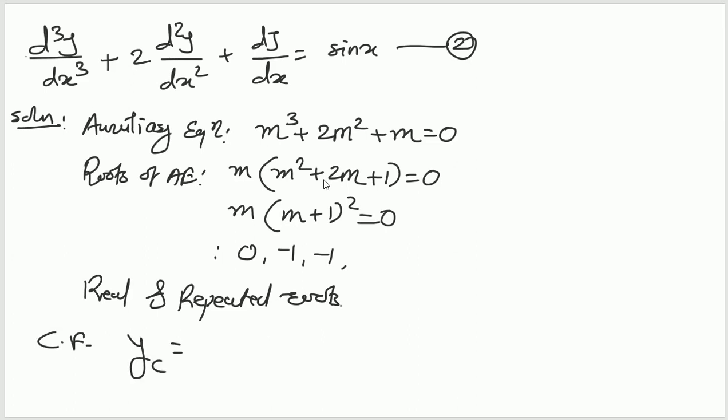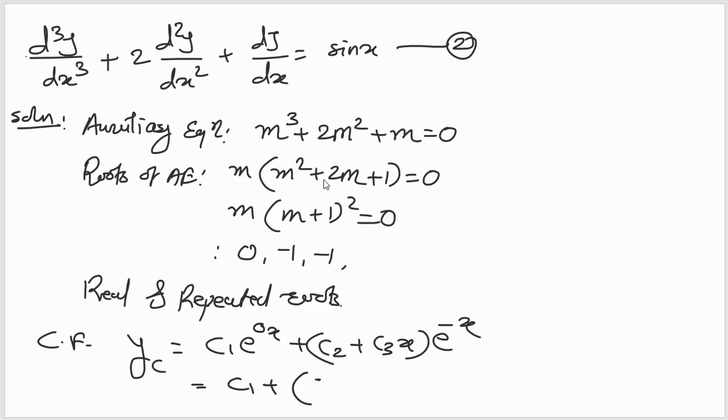yc is equal to c1 e raised to 0x plus (c2 plus c3x) into e raised to minus x, which is c1, because e raised to 0x will be 1, plus in bracket c2 plus c3x, e raised to minus x.